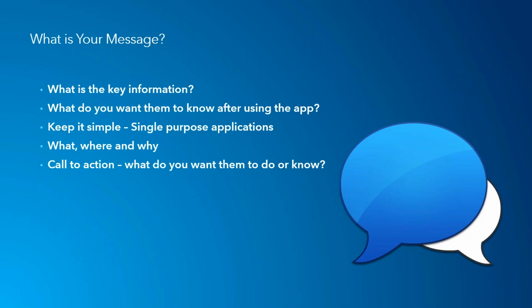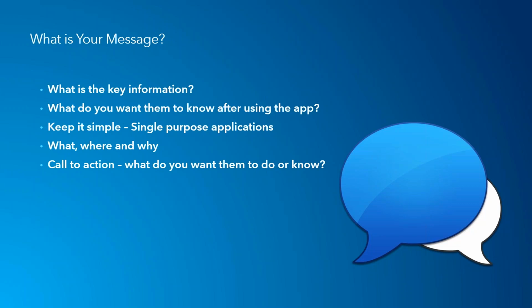So with that, let's start with your message. I know some of this is fundamental and really straightforward, but trust me, it will lead toward successful communications. Before even starting with putting your information on ArcGIS Online, really think about the information product you're putting out there. What is the key information that you want to come across?